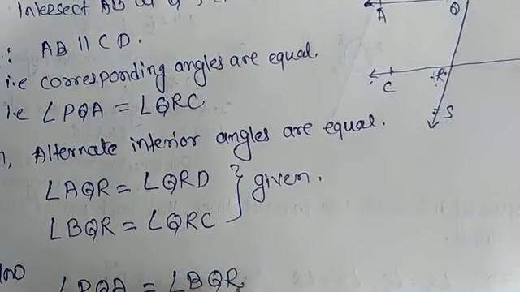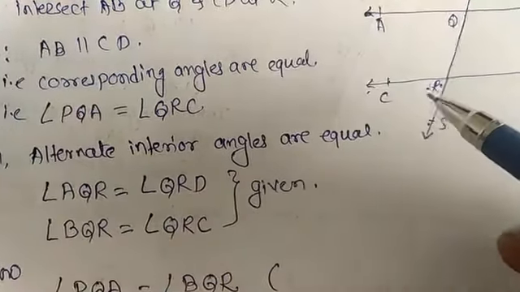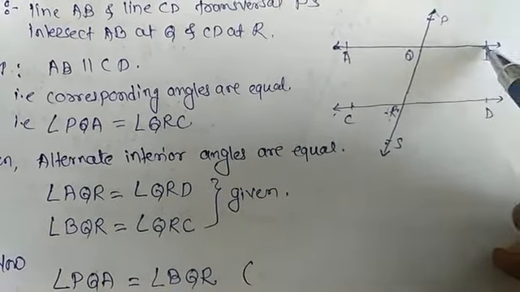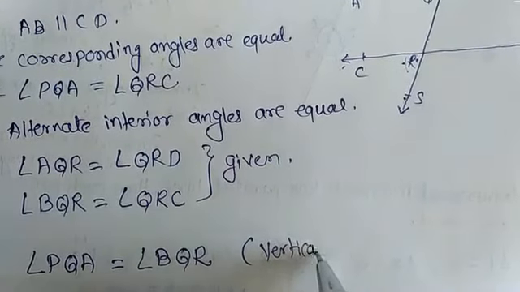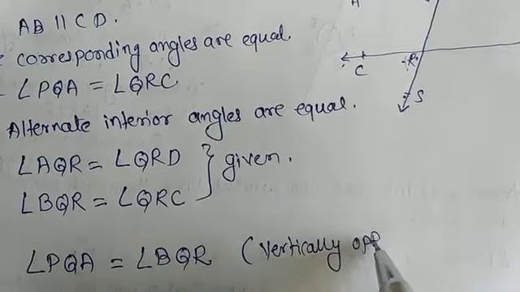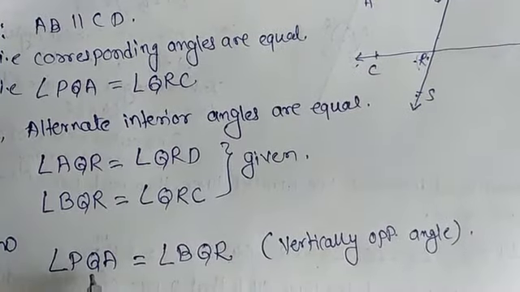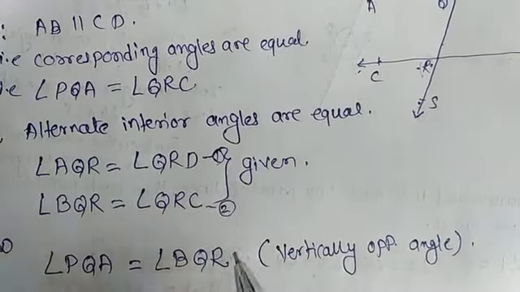Why are they equal? Because PQA and BQR are vertically opposite angles. Write these as equation 1, equation 2 and equation 3.